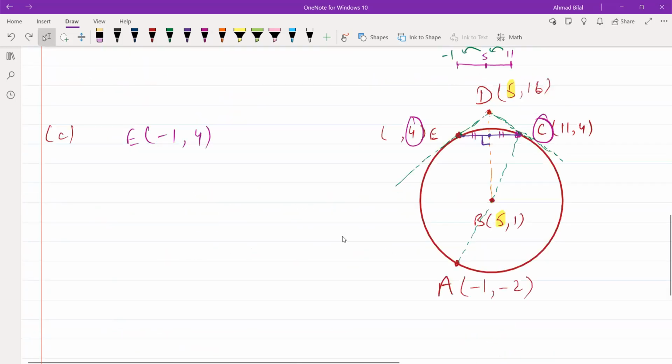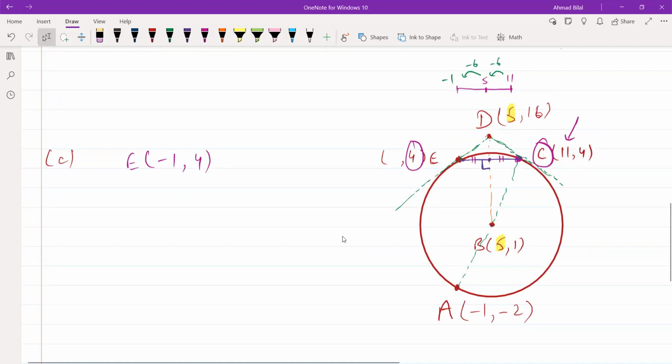One value of x will be 11, which is point C that you already knew, and the other value of x would be -1, which will be the x coordinate of E. So you could also input y equals 4 into the equation of the circle and get the corresponding x coordinate from that as well. But this is a quicker way of thinking of it. You know the center is exactly in the middle, so you can just use the distances between those points like this to find the x coordinate of E as well.